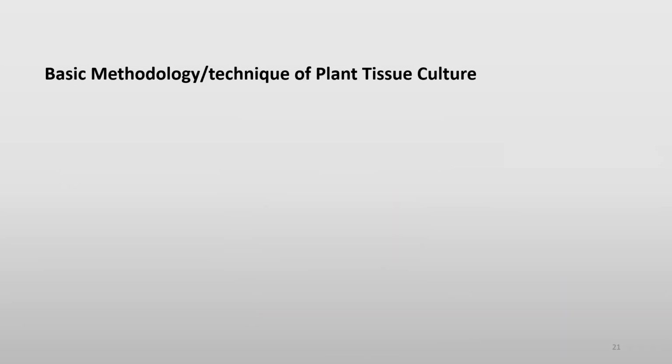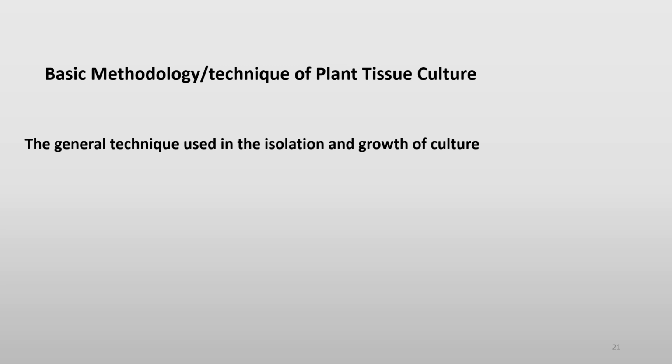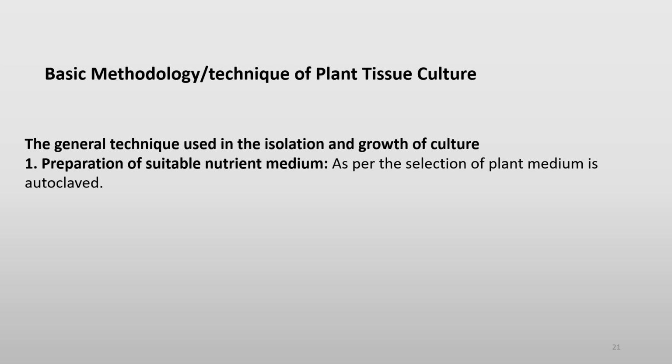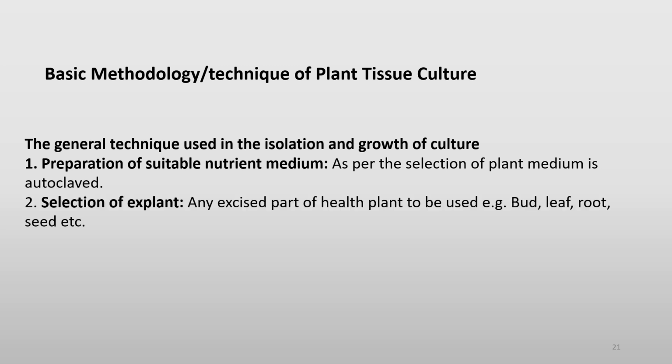So basic methodology, when we talk about the general technique used for isolation and growth of culture. Preparation of suitable nutrient medium: as per the selection of plant, the medium is autoclaved.